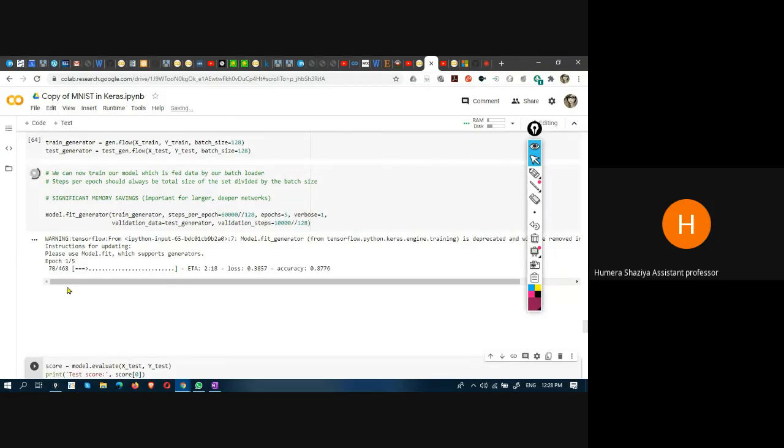For now, try to understand that it is one type of deep learning model. Look at here how much time it is taking.